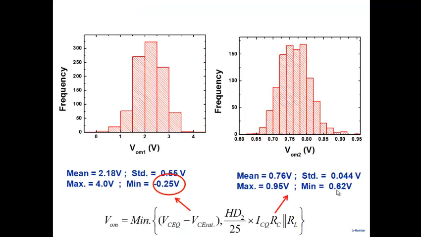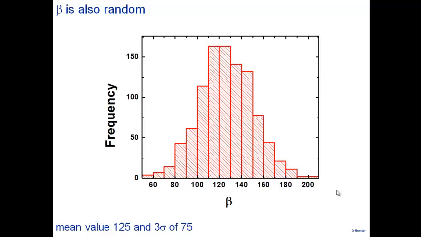Now the trouble is, as I said, I've only taken R1, R2, RC, and RE. Beta is also a random variable. In this case, I've just taken beta with a nominal value of 100 and a standard deviation of around 25, sigma of 25. So beta is also going to vary like this.